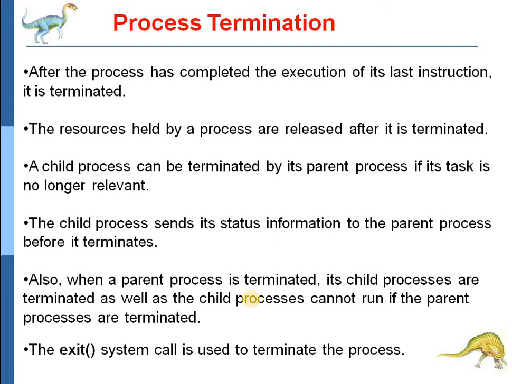And last, the parent is exiting and the operating system does not permit its child to continue if its parent terminates. Means, in the first reason, the child has exceeded its usage of some of the resources that it has been allocated.